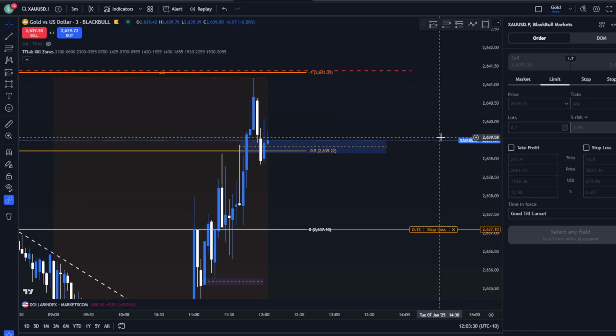We'll let this print out some more, and I'll check back in once some more candles have printed.